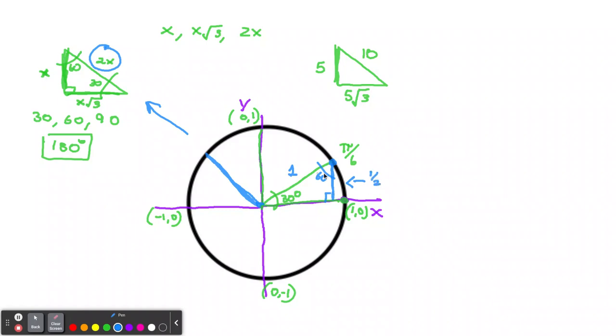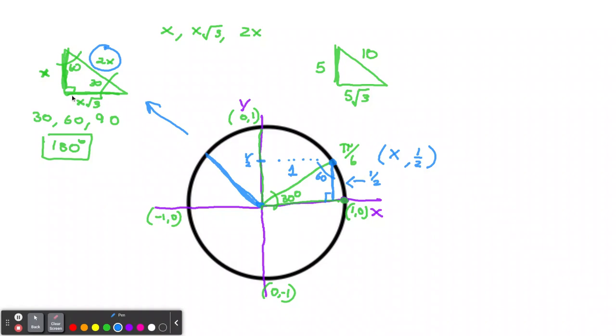So we already have the y coordinate. This is the y. If we put a dotted line, you can see over here would be half. We'll put these big parentheses here. We have our y, which is half. Now we need to find our x. What would our x be?